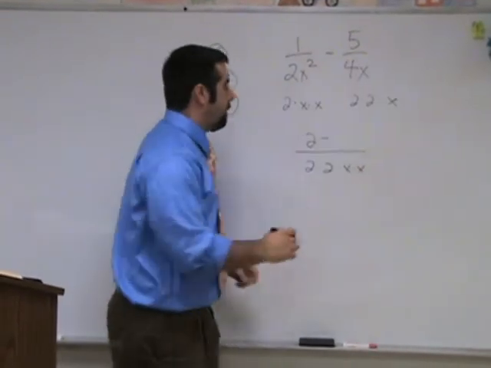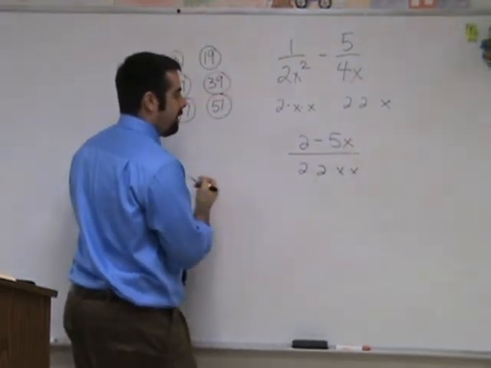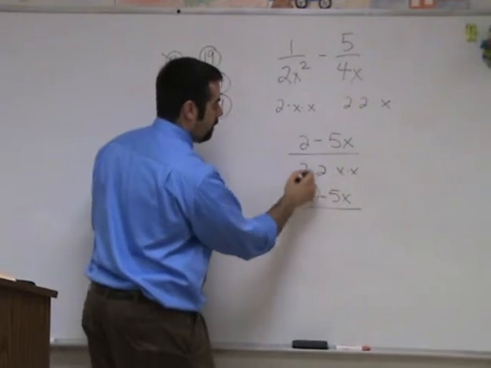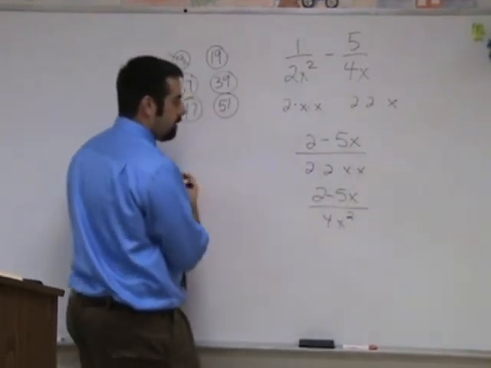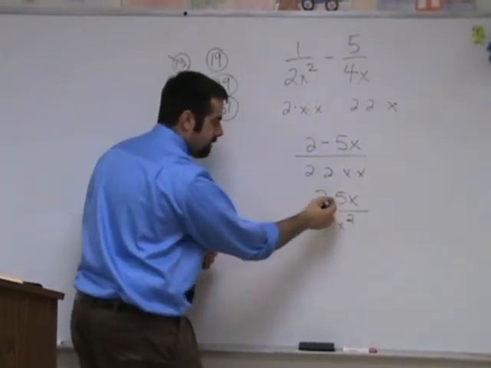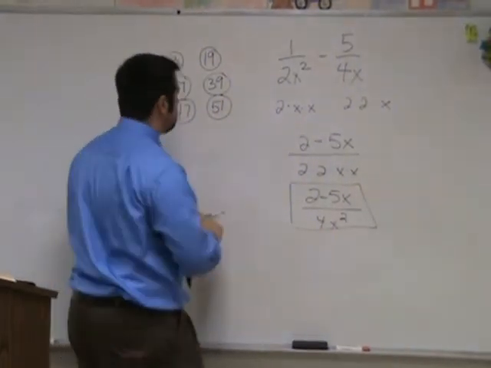So I multiply the numerator by x, 5x. So my new fraction becomes 2 minus 5x over 2 times 2 is 4, x times x is x squared. I can't do anything else because I can't cancel these x's because of the subtraction here. That's the answer.